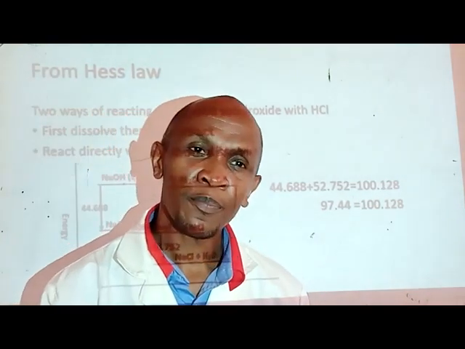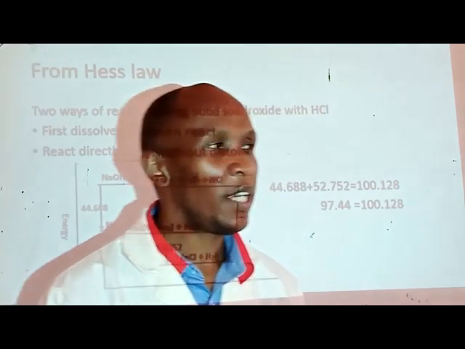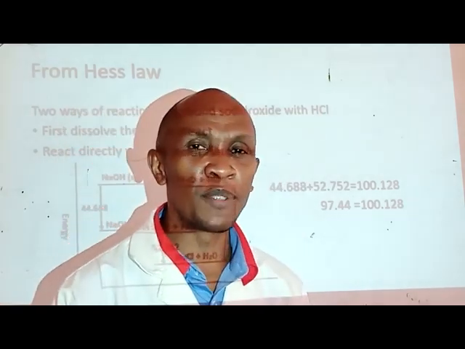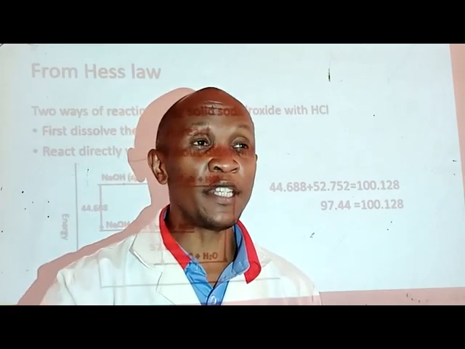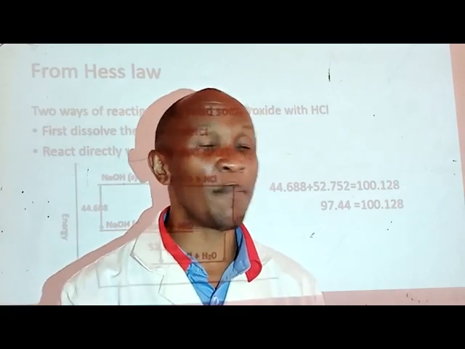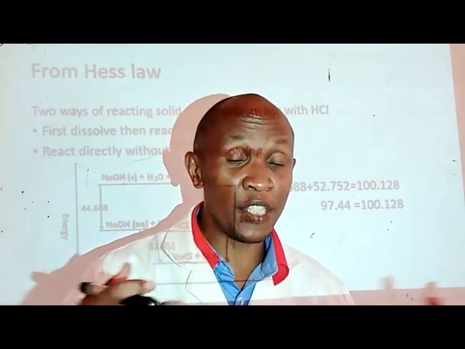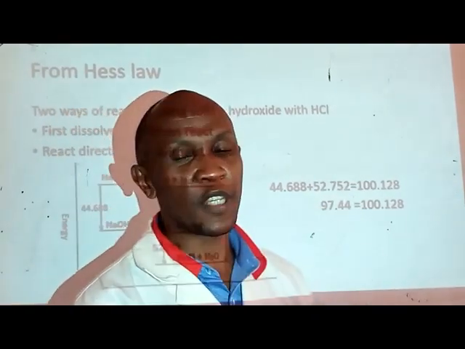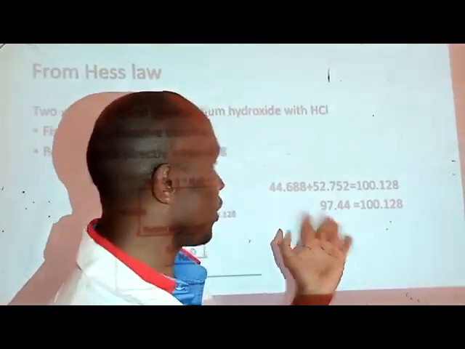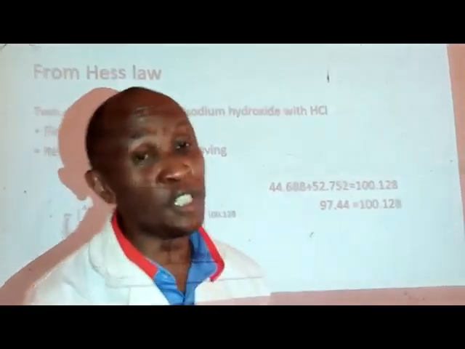What do you think? Were it not for experimental errors, such as the container absorbing some energy, and I did not cover the cup, there must be some energy lost, and that can account for the small difference of around 3 kilojoules.